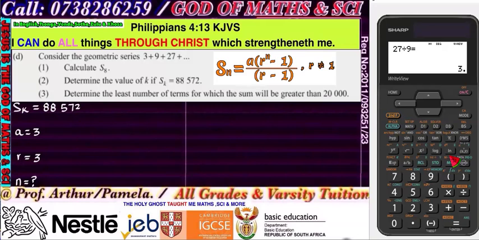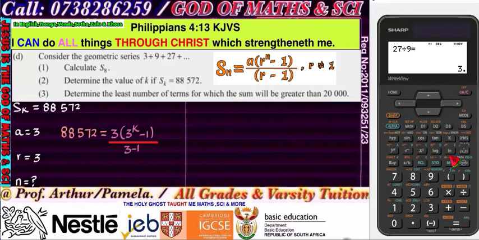In place of S, I'm going to put 88,572. Then it equals the first term, A, which is 3, times the parenthesis: 3 to the power of N, where N is my letter K, minus 1, close the parenthesis. Then we divide all of that by 3 minus 1.